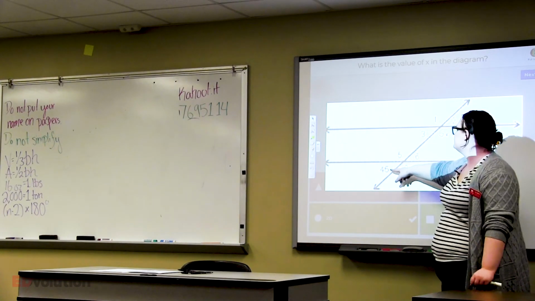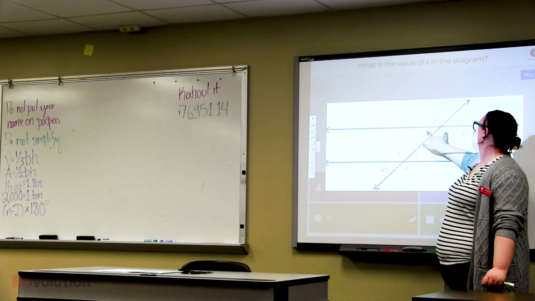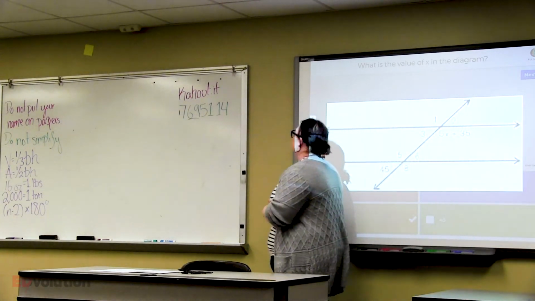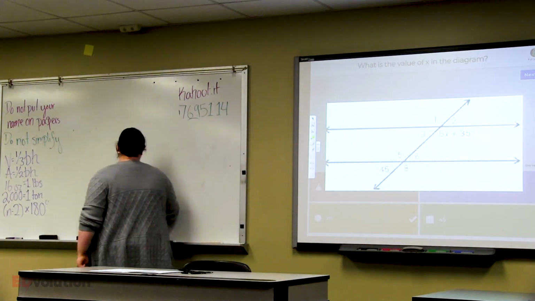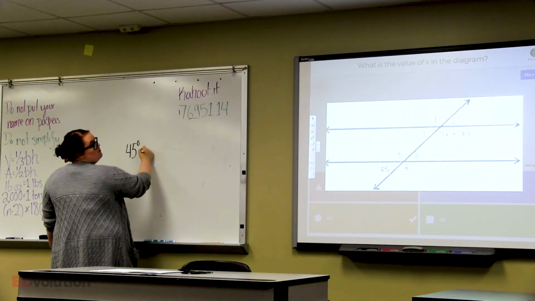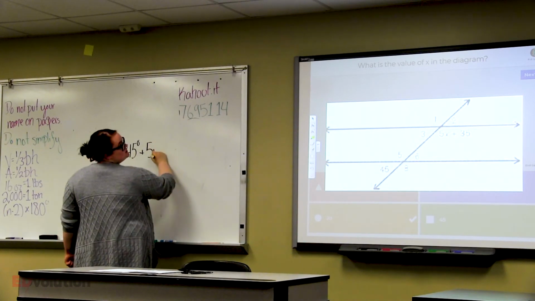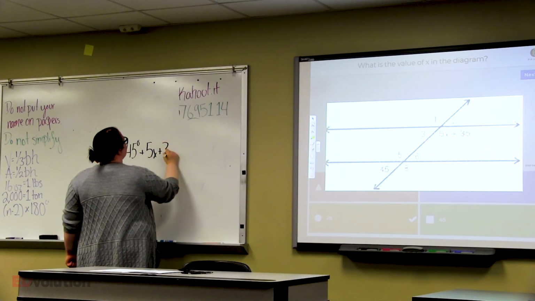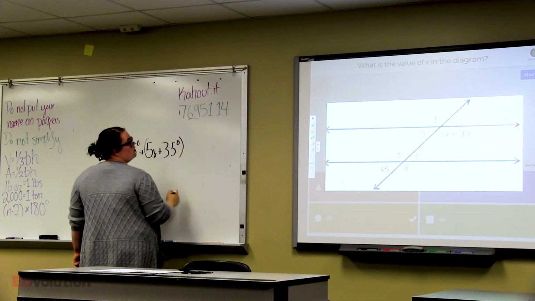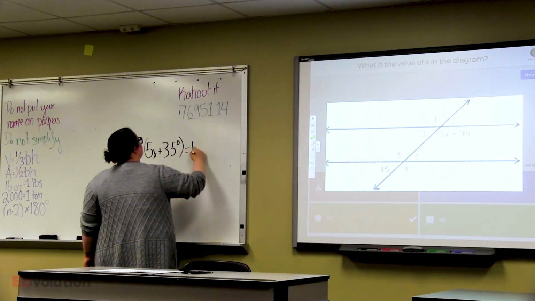So if we imagine this 45 up here, we could add these together to get 180 degrees. So to find x, we'd have 45 degrees plus 5x plus 35 degrees equals 180.